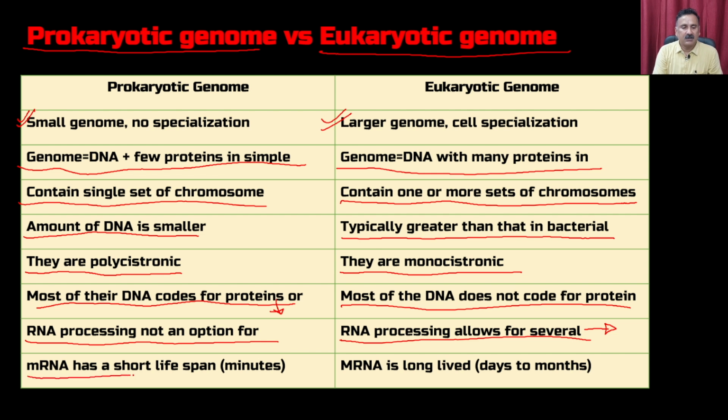And messenger RNA has a short lifespan in prokaryotes, whereas the messenger RNA is long-lived in eukaryotes because the eukaryotic cell requires the continuous synthesis of a protein for several days, right? So these are some of the properties of the genome. We have discussed the prokaryotic genome and the organization of the prokaryotic genome, and we have also discussed the eukaryotic genome and eukaryotic genome organization.